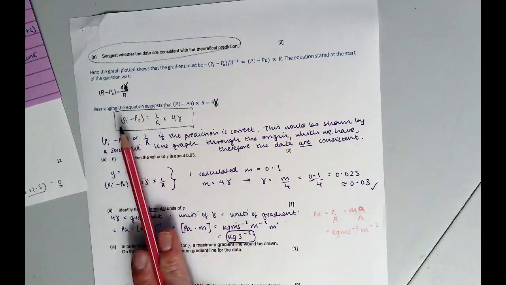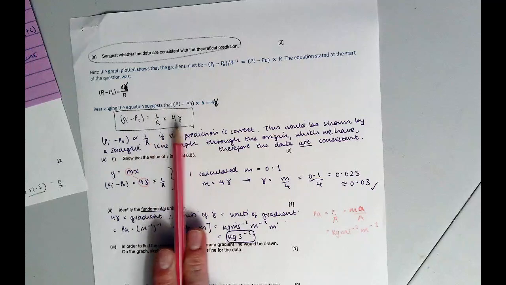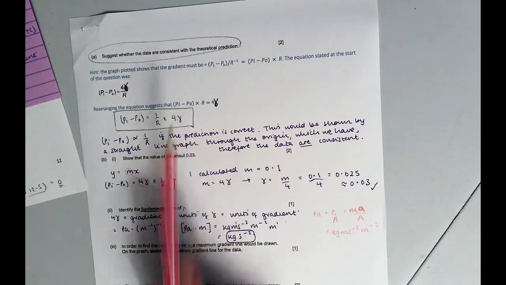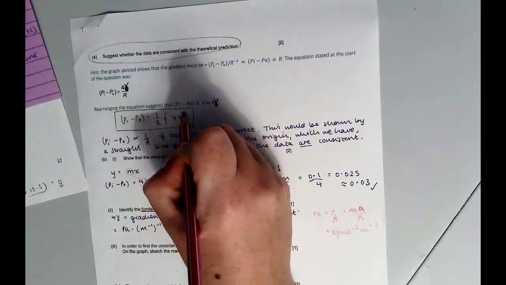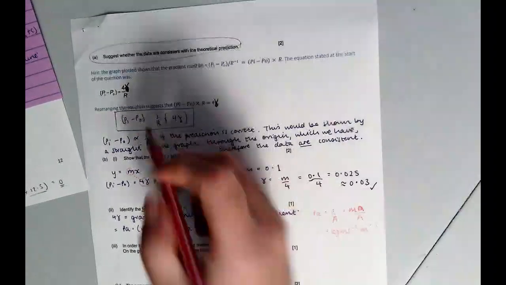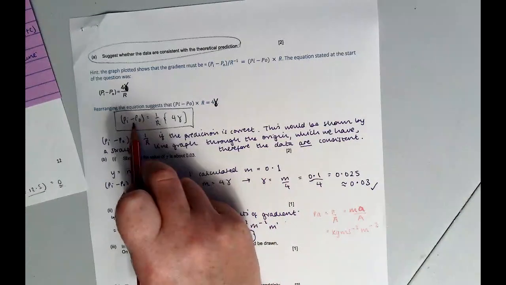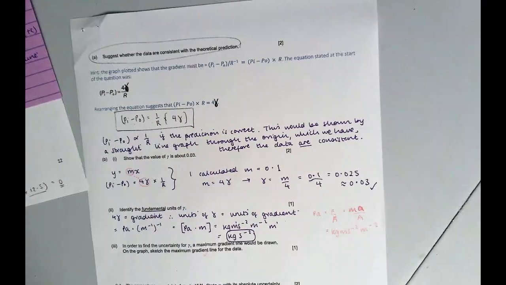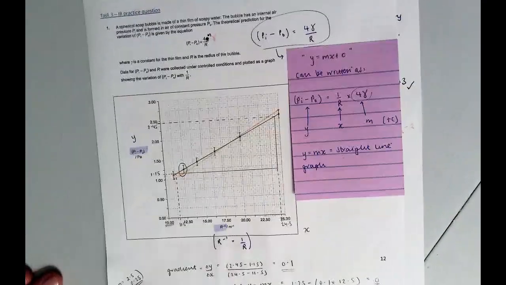If I can see that pi minus p naught is 1 over r multiplied by 4 gamma, this is just a constant of proportionality, and therefore this and this must be proportional. If I see proportionality on a graph, what I'm expecting to see is a straight line graph through the origin.